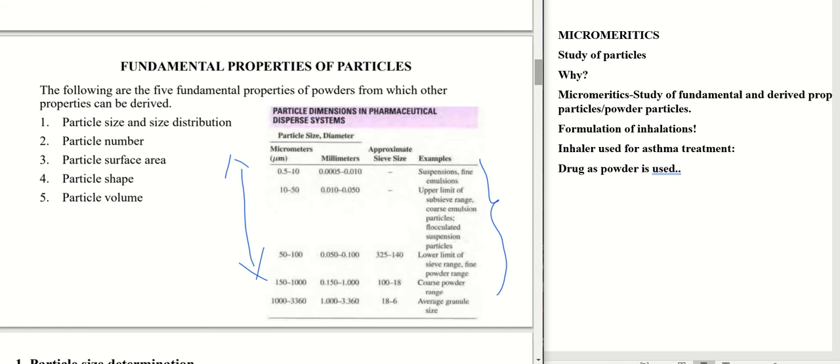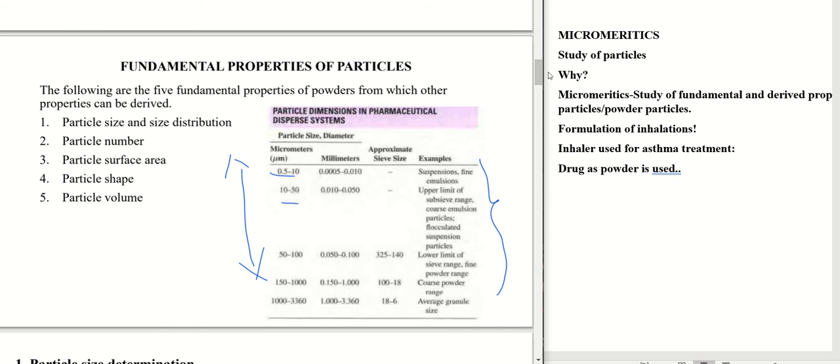Mostly the suspensions and fine emulsions share the particle size of 0.5 to 10 micrometers, and the flocculated 10 to 15 micrometers, like that. This is a basic chart taken from the textbook of Physical Pharmacy by Alfred Martin.